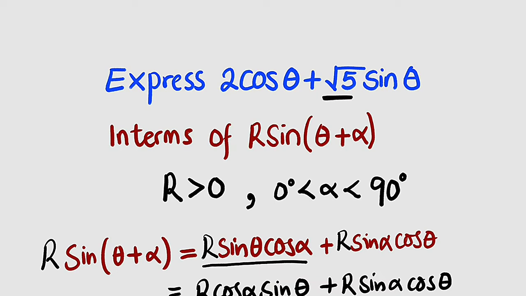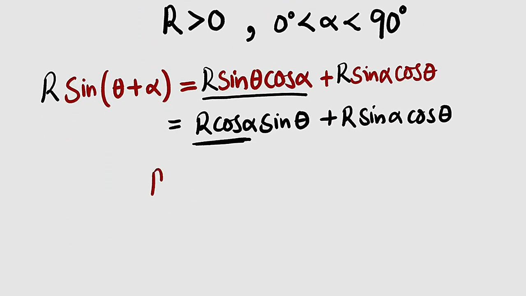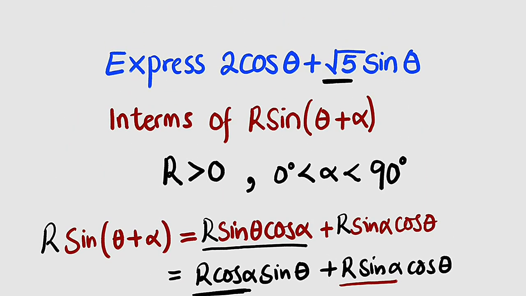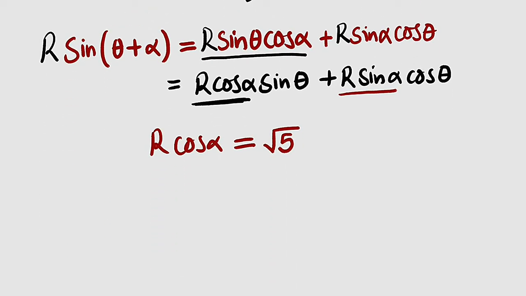So we equate them: r cos alpha is equal to root 5. Then the coefficient of cos theta here is r sine alpha, while the coefficient of cos theta in the original is 2. So we relate them as well: r sine alpha equal to 2.